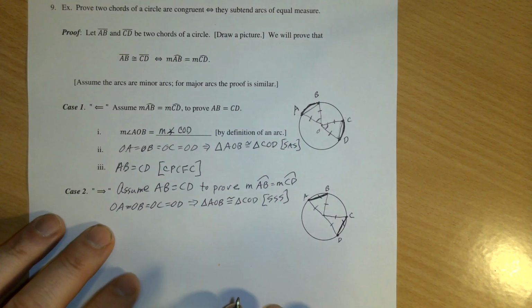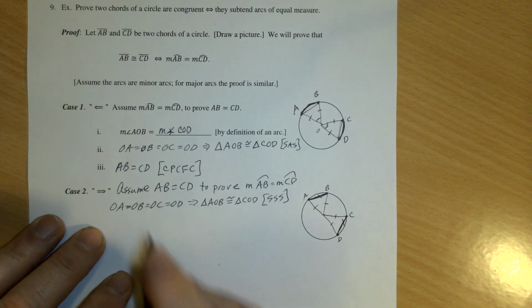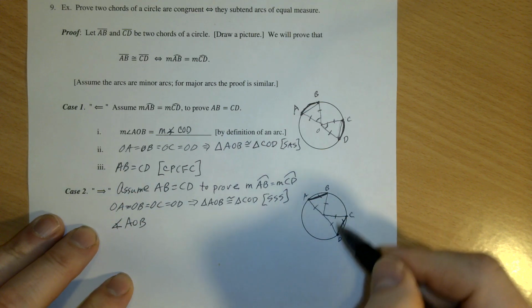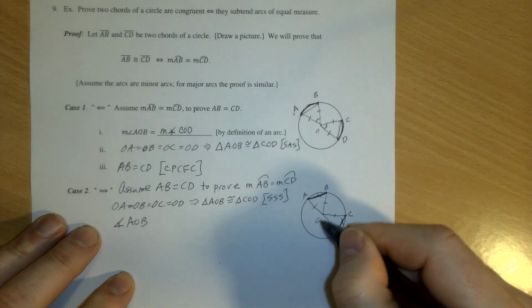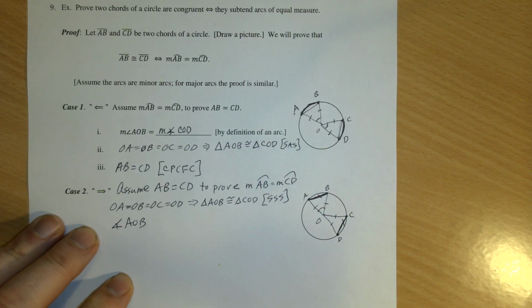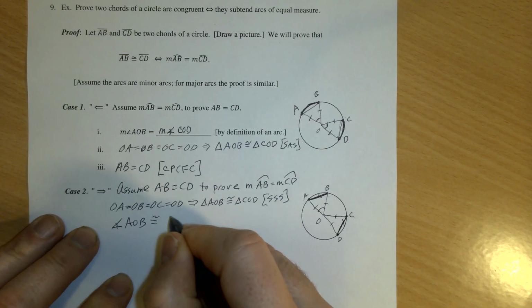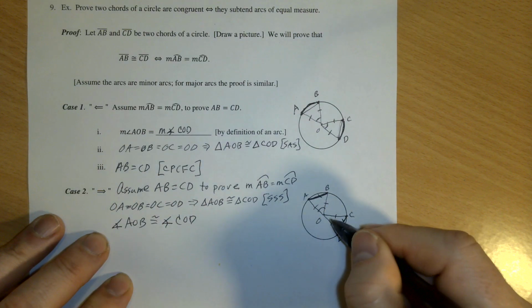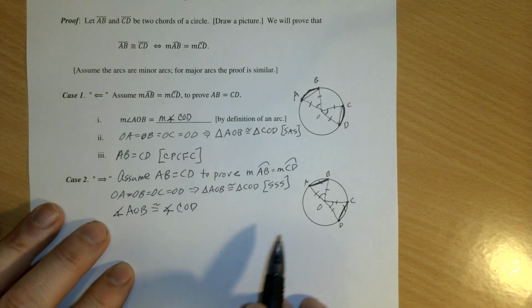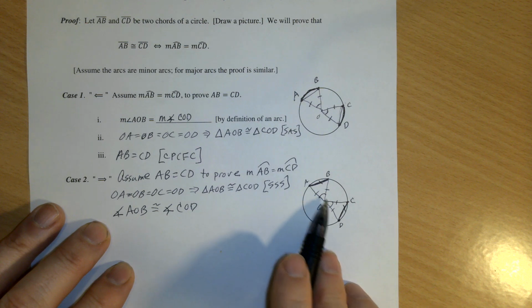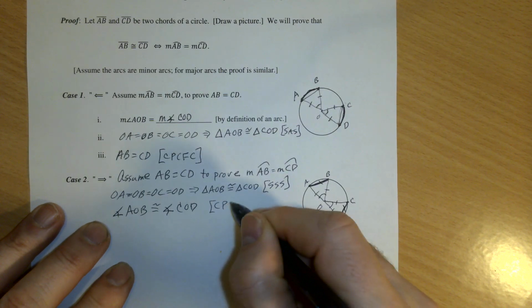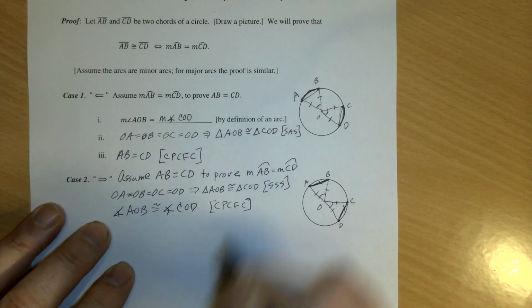Therefore, by corresponding parts, angle AOB is congruent to angle COD, this one right here. Those angles are the same, again by corresponding parts of congruent figures are congruent.